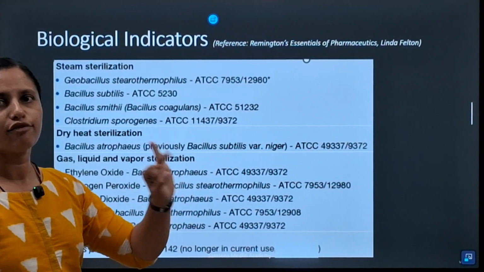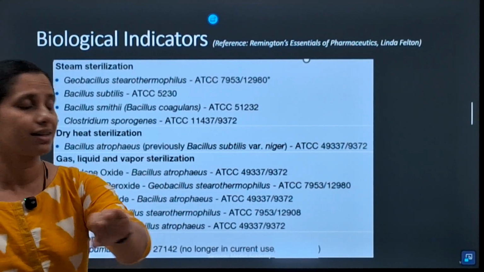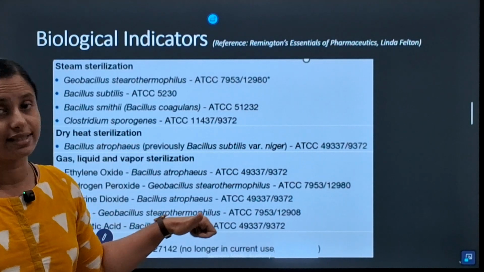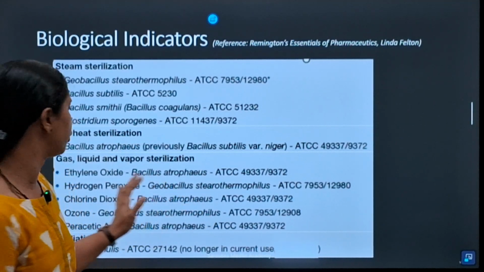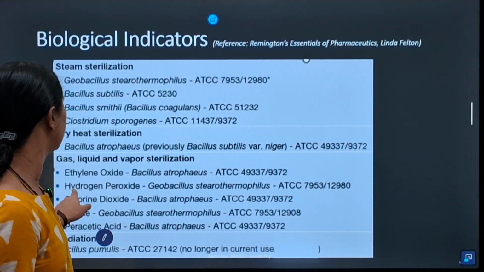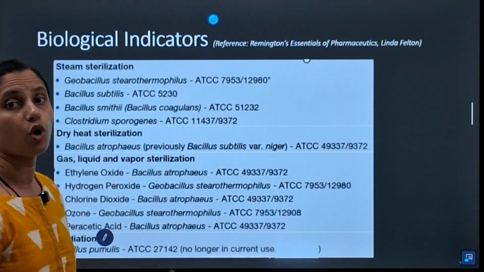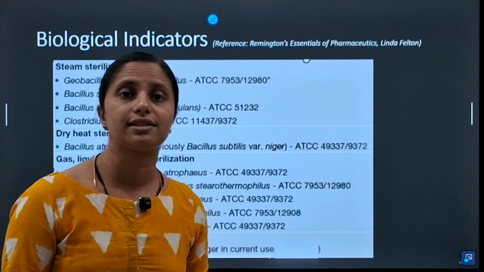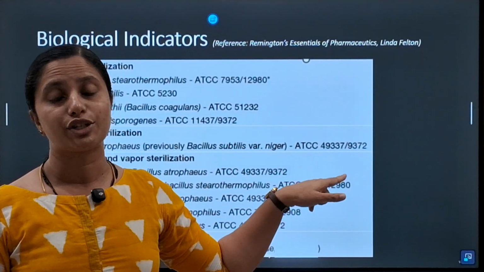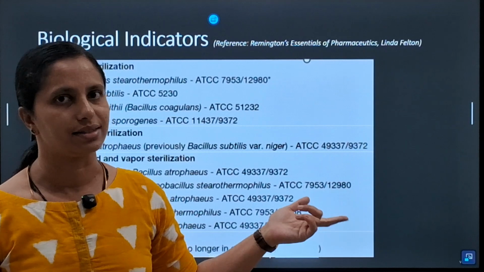For ethylene oxide, for chlorine dioxide and for peracetic acid, the organism is the same as that used in dry heat sterilization, Bacillus atrophaeus. And for the other two gases, hydrogen peroxide and ozone, we use Geobacillus stearothermophilus, which is used for the evaluation of moist heat sterilization.